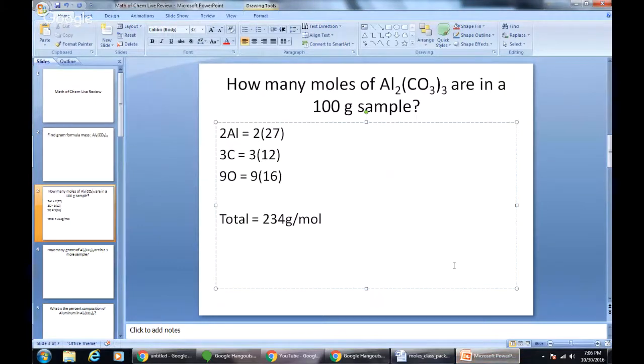All right, so 100 gram sample, they're asking you for number of moles. So number of moles, X, is equal to your given mass, which is 100 grams, over your gram formula mass, which we just found up here.